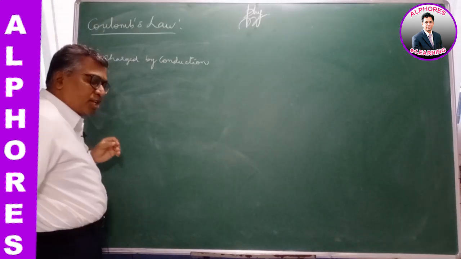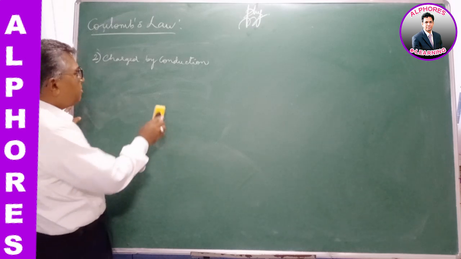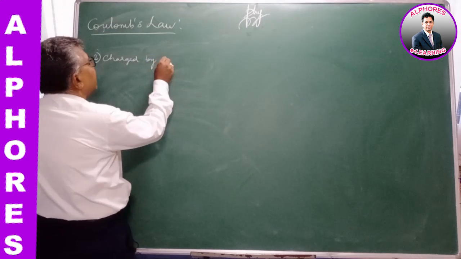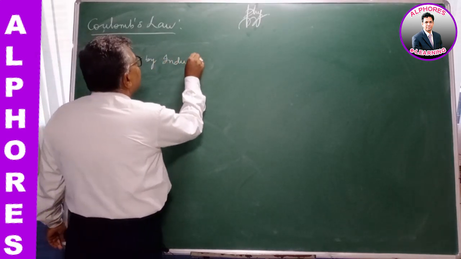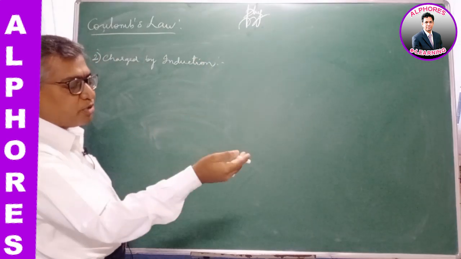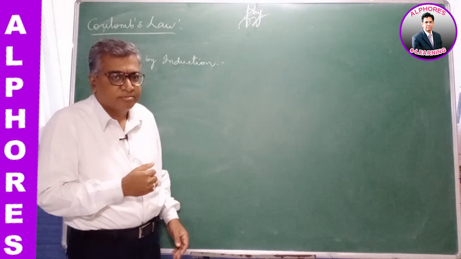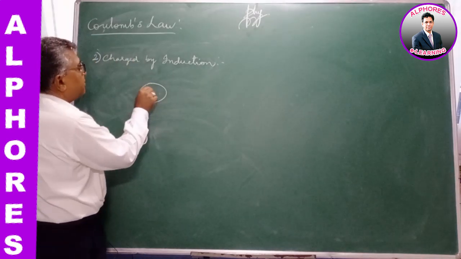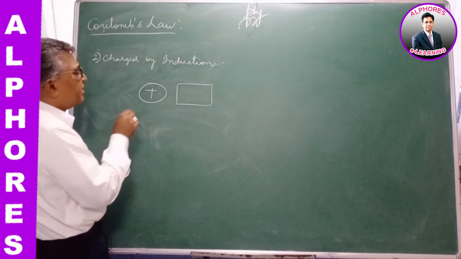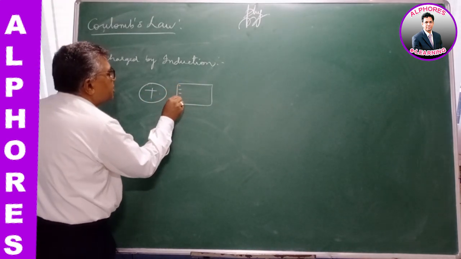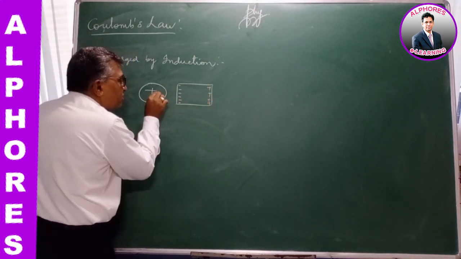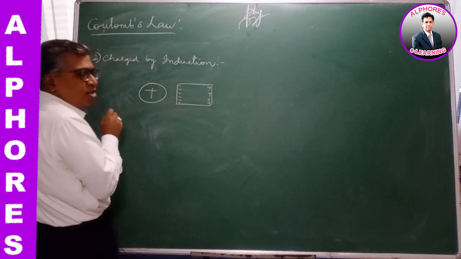So conduction precedes repulsion. Third one: when a body is charged by induction, induction means affecting something without contact. I was explaining in the previous video, when a charged body is put very close to a body, then unlike charge is deposited at the nearer end and the like charge at the other end.